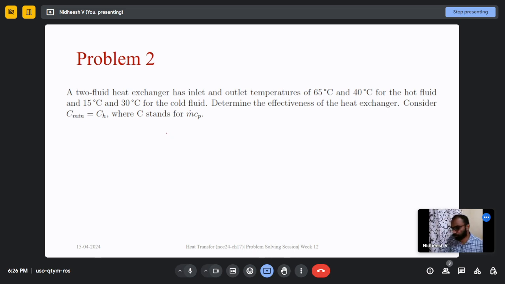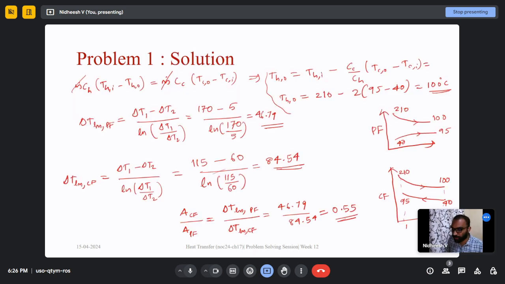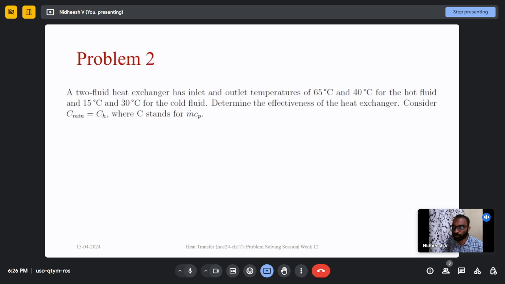I hope problem 1 was clear, right? There was no confusion. If so, I will move on to problem 2.